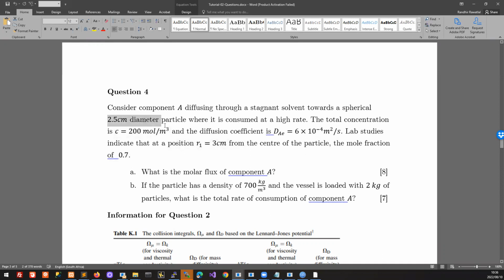The particle itself has a radius of 1.25, so 3 centimeters is some distance outside of the particle, and we have a measurement over there. We want to know the molar flux of component A. Okay, so far, any questions or comments on the question itself?